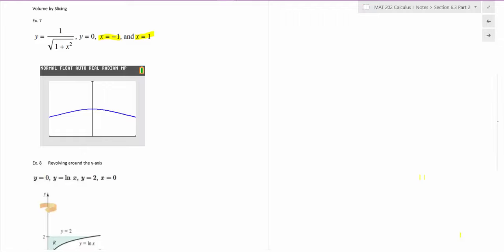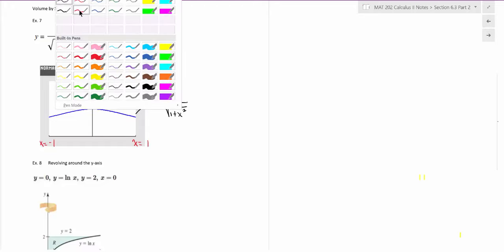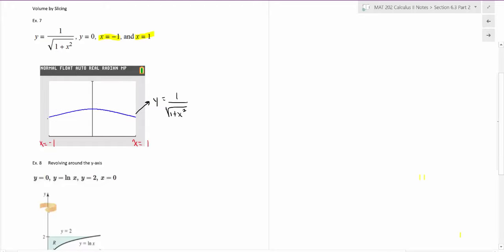Okay, so the way I had this set up is x equals -1 and x equals 1. That's how we're going to be integrating. And then we've got our curve. So our curve on this is y equals 1 over square root of 1 plus x squared. They also gave y equals 0, which is just the x-axis. So the boundaries we're going to have are x equals -1 and x equals 1.